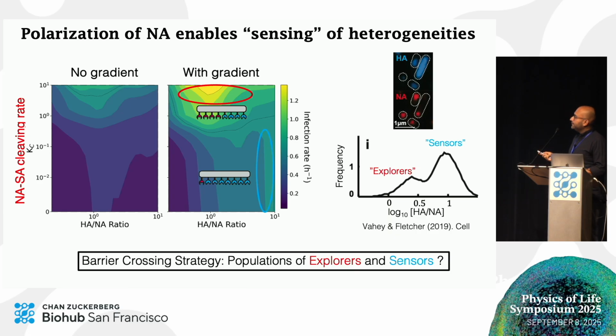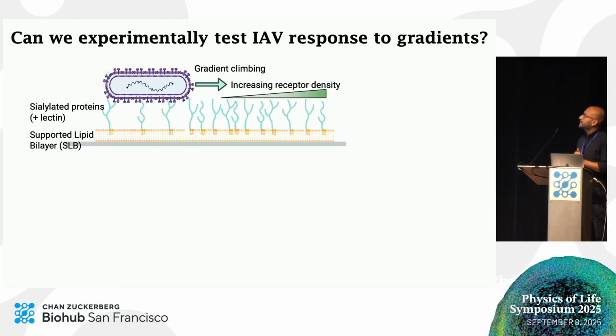So how do we test all of this? I've been working on an experimental setup where I can test some of these hypotheses using supported lipid bilayers that have been functionalized with sialylated proteins. I can force them to cluster, and then see how influenza virions respond to those heterogeneities.